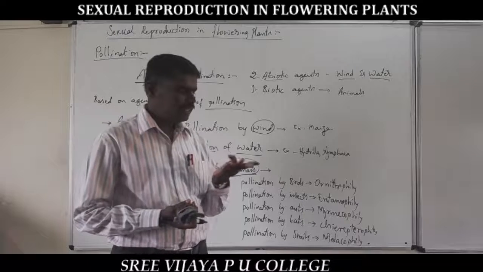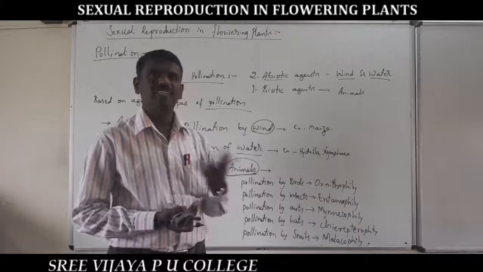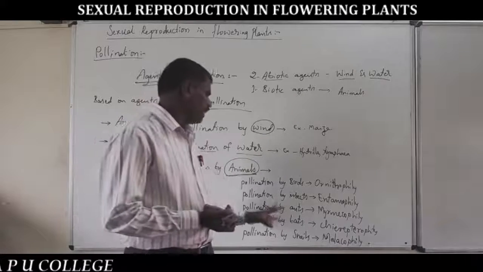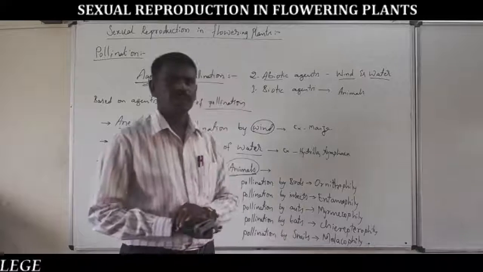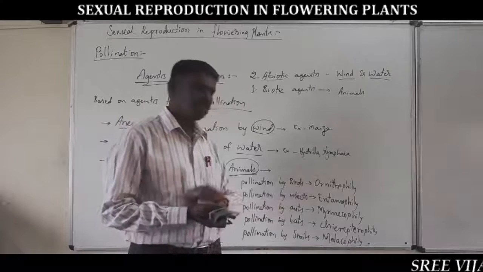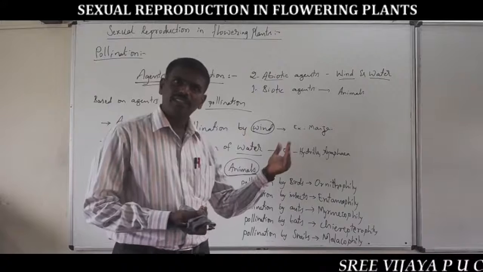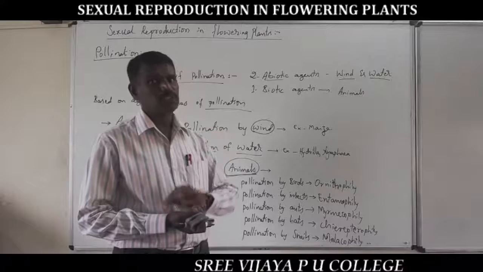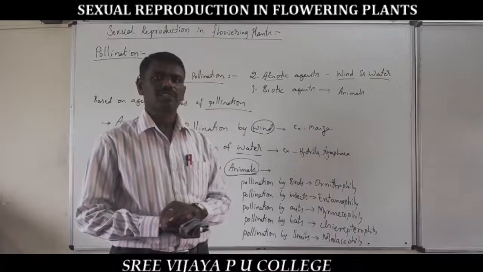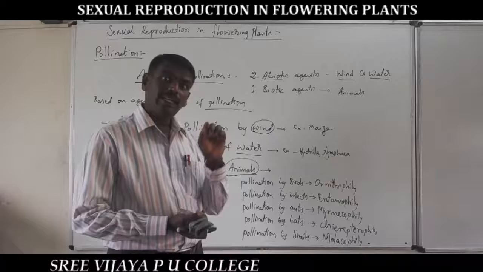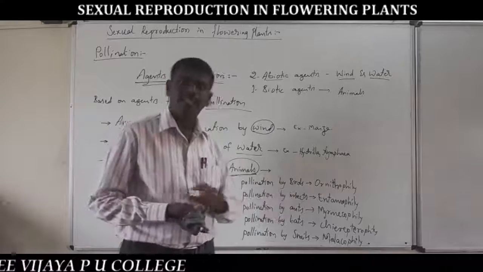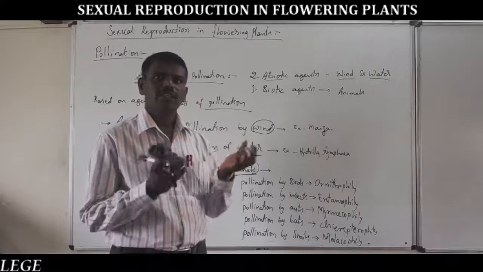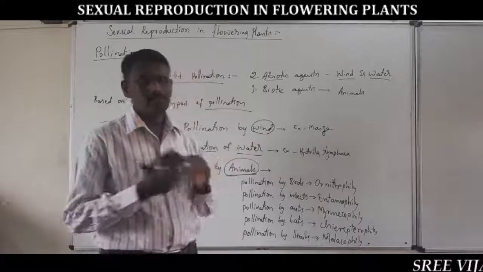Then there is pollination by garden lizards, the lizards that visit the flower. All these animals visit the flower for their own process, for their own benefit. While the animal visits the flower, the pollen grains of the flower stick on the body of the animal.